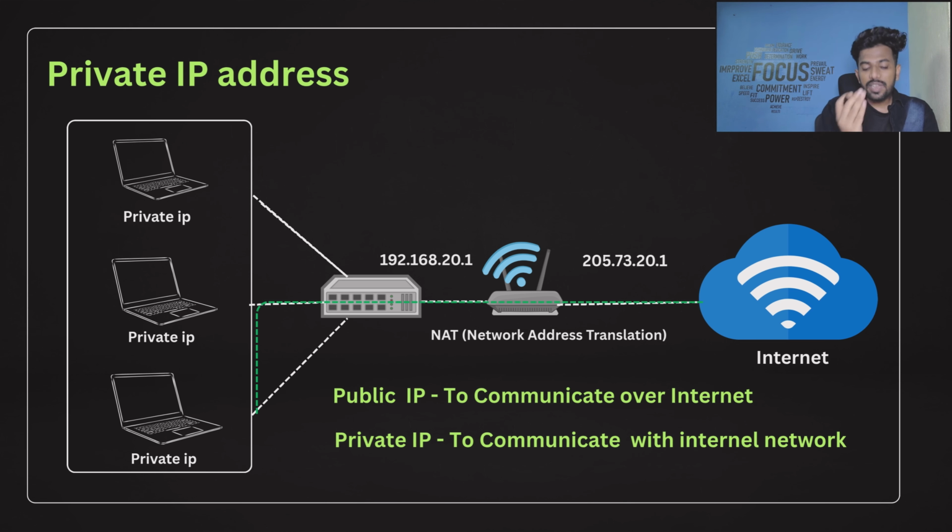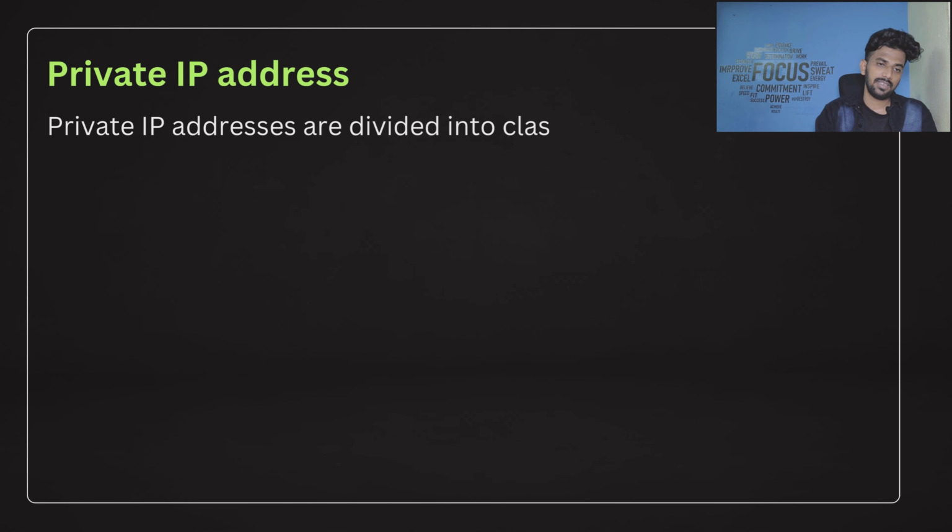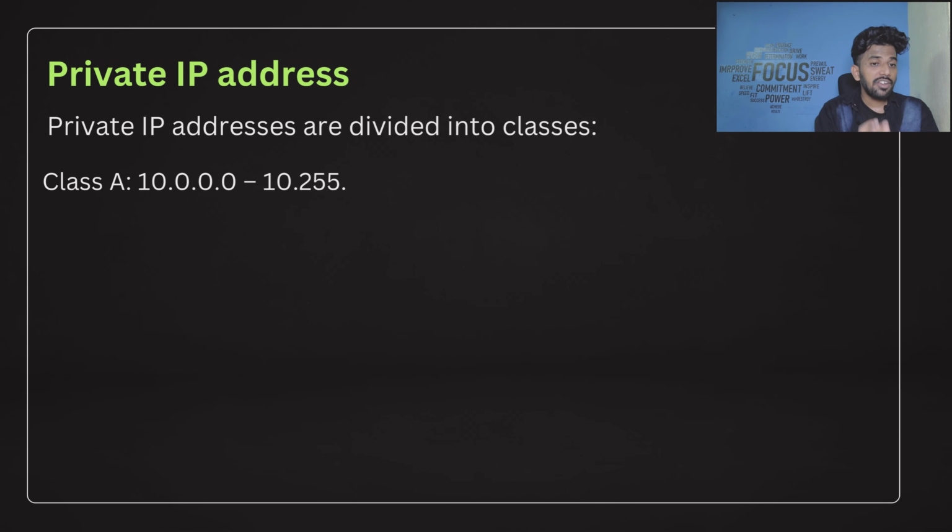Even private IP addresses are divided into classes. It is divided into three classes: class A, class B, and class C. In class A, the range starts from 10.0.0.0 to 10.255.255.255.